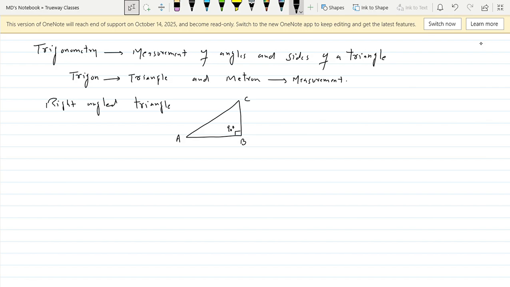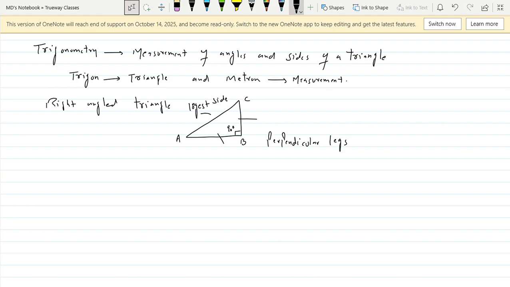These two sides, this one and this one, are called perpendicular legs, and clearly this is the longest side in the triangle. Now, defining some special ratios in a right angle triangle, our main motive is the measurement of a triangle, meaning the sides and the angles.